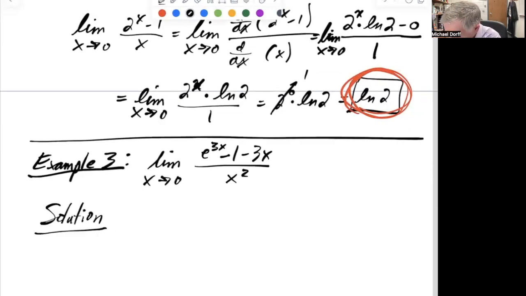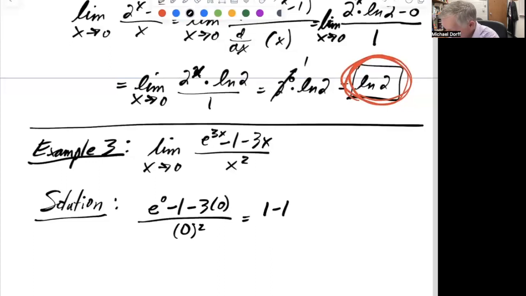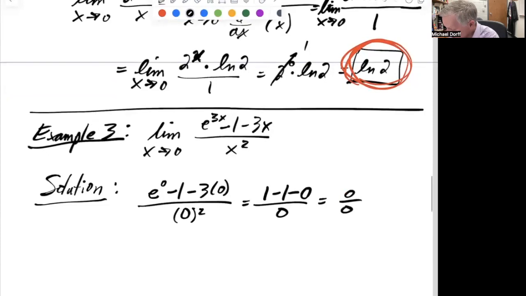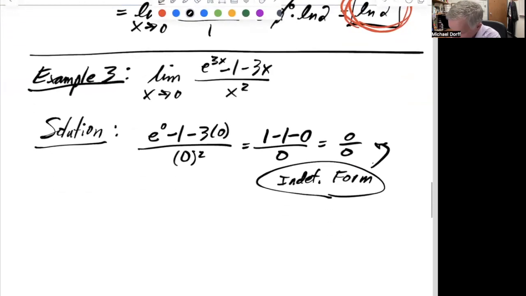On this one, again, if I do direct substitution, x is going to 0, so I get e to the 0 power minus 1 minus 3 times 0, and in the denominator I get 0 squared. e to the 0 is 1, so I have 1 minus 1 minus 3 times 0, which is 0, all over 0, and so I get 0 over 0. So an indeterminate form here of 0 over 0. So we can do L'Hopital's rule.